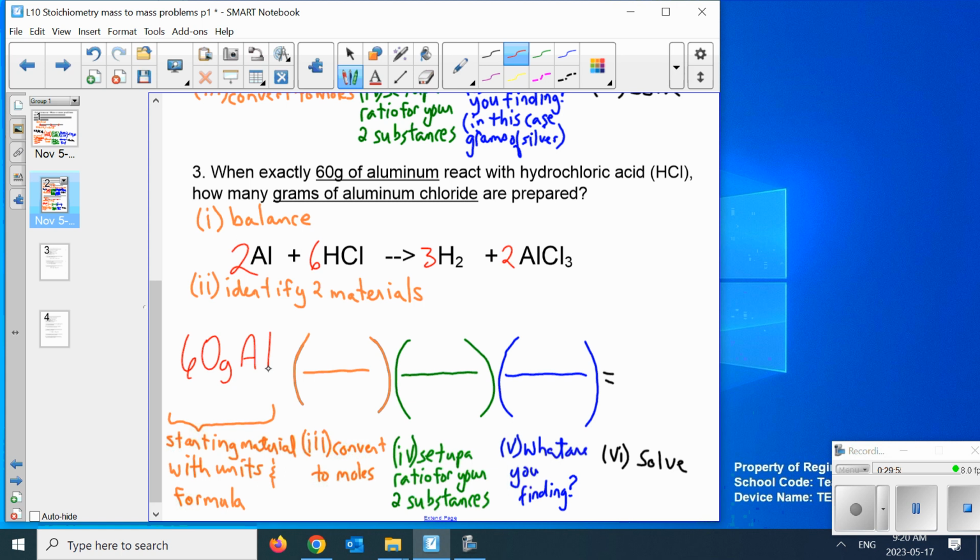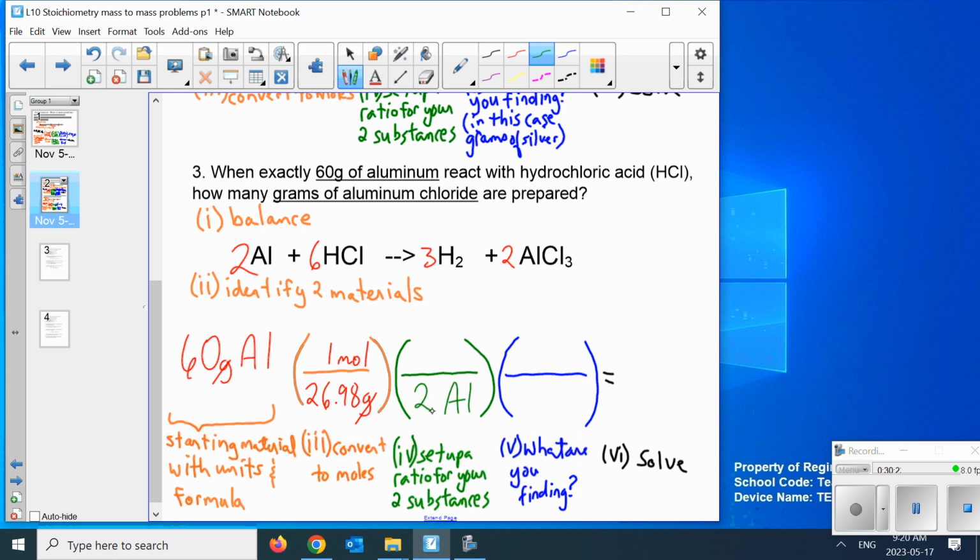Convert to moles. Well, I want to get grams out of the bottom. I look it up: aluminum, 26.98. Okay, I stop now. I've got moles of aluminum. I want to get rid of information about aluminum. I look up the number 2.